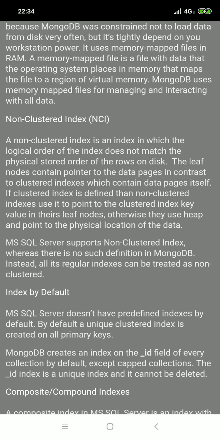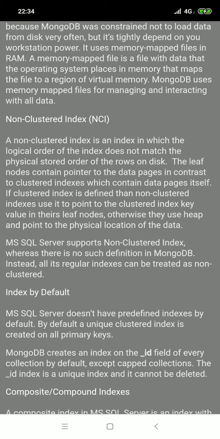A non-clustered index is an index in which the logical order of the index does not match the physical stored order of the rows on disk. The leaf node contains pointers to the data pages, in contrast to a clustered index which contains data pages itself.